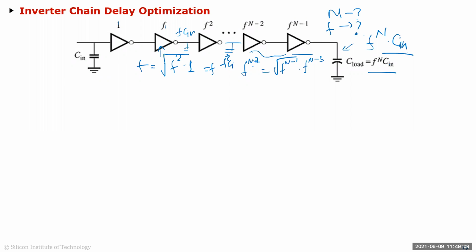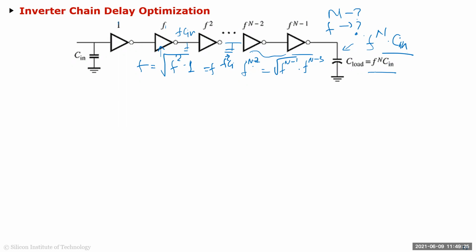What that previous derivation gave us is that if you size it in this geometric fashion, you'll get a minimum delay, but it still hasn't told us what this n and this f are, right?